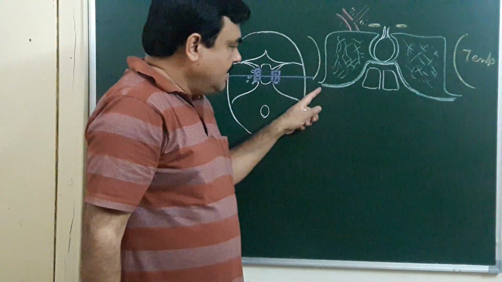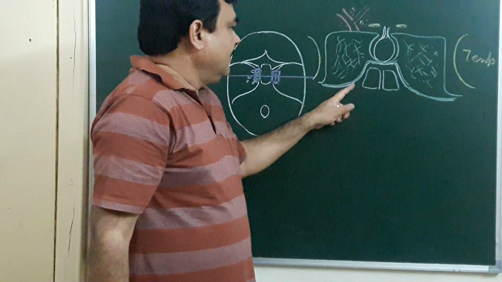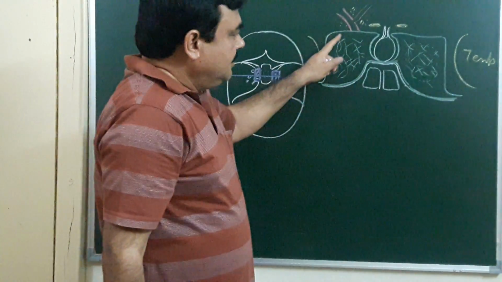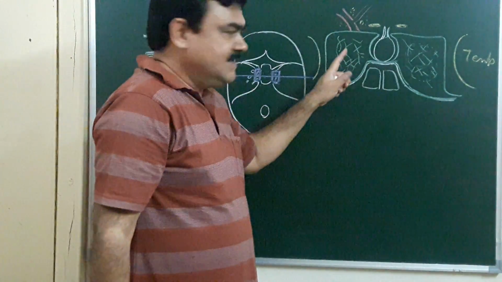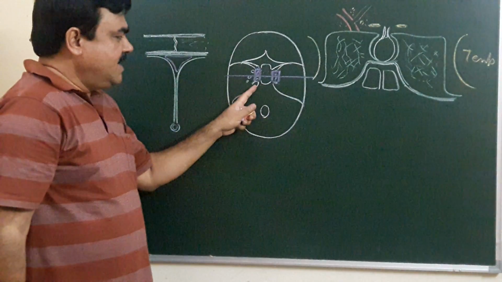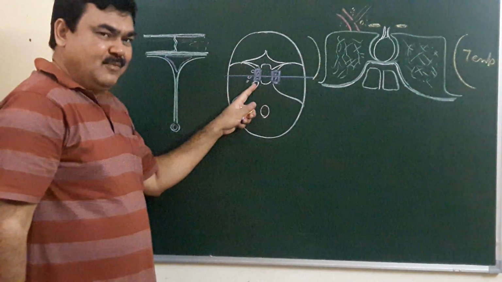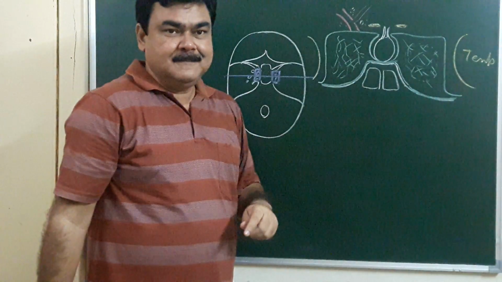Inferiorly, this portion is the greater wing of the sphenoid. So these are relations outside the cavernous sinus. Anteriorly, there is the superior orbital fissure. Posteriorly, the apex of the petrous temporal bone.